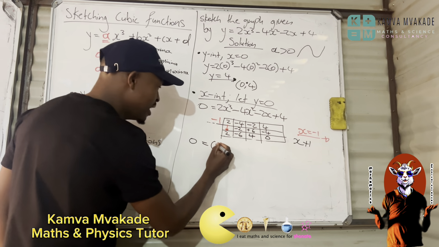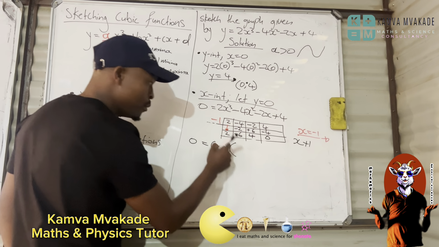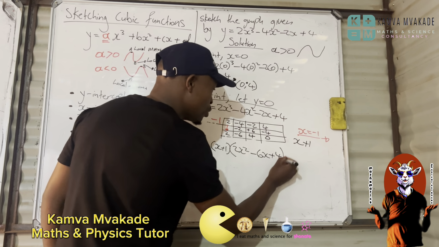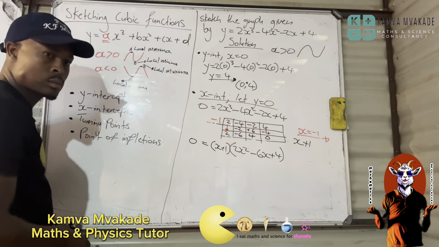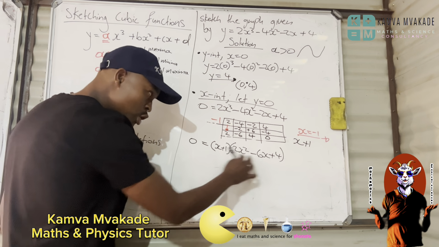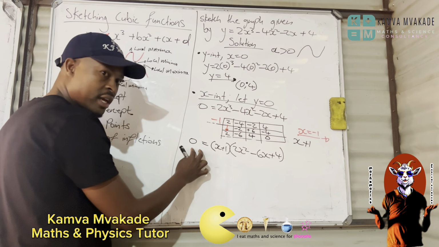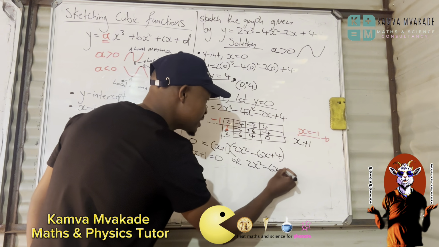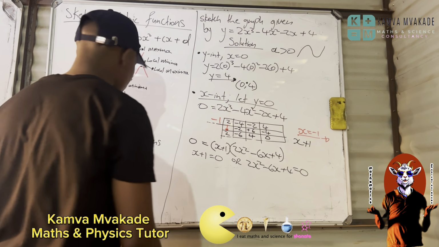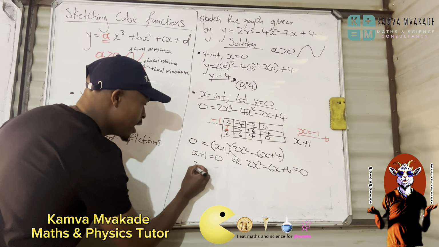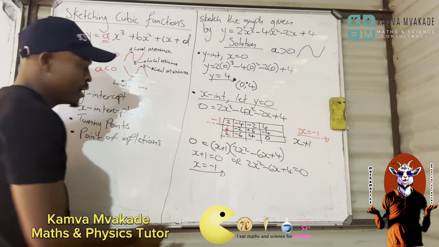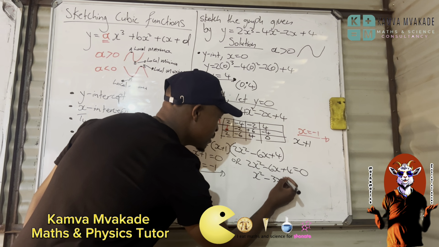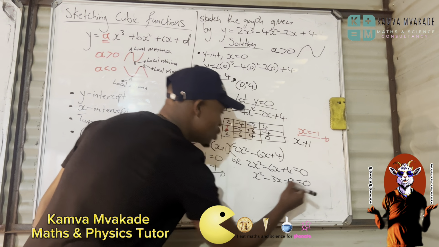Our expression equals x plus 1, that's it. So here we have 2x squared minus 6x plus 4. Then we equate to 0: x plus 1 equals 0, or 2x squared minus 6x plus 4 equals 0. Then we divide throughout by 2, which gives x squared minus 3x plus 2 equals 0.